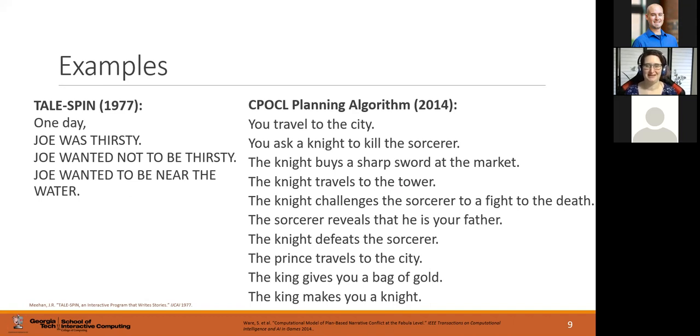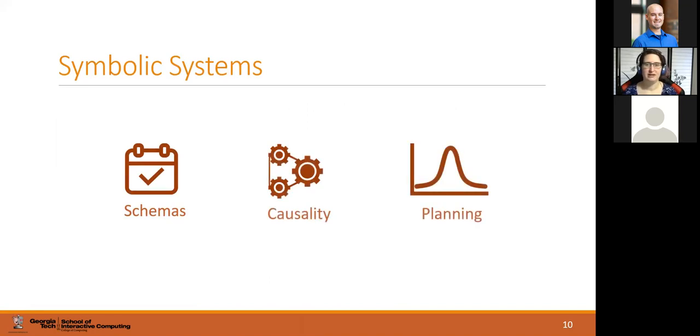Then in 2014, the CPOCL planning algorithm creates more complicated and interesting stories, but it's still left in a constrained world. There are a couple of things that I think are very useful in these symbolic systems, like classic AI: schemas, causality, and planning, and I'll go through each of these in order.